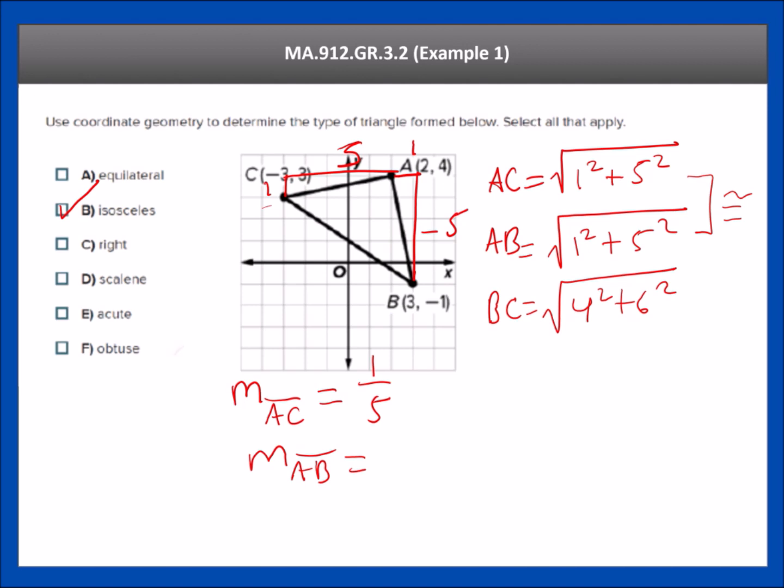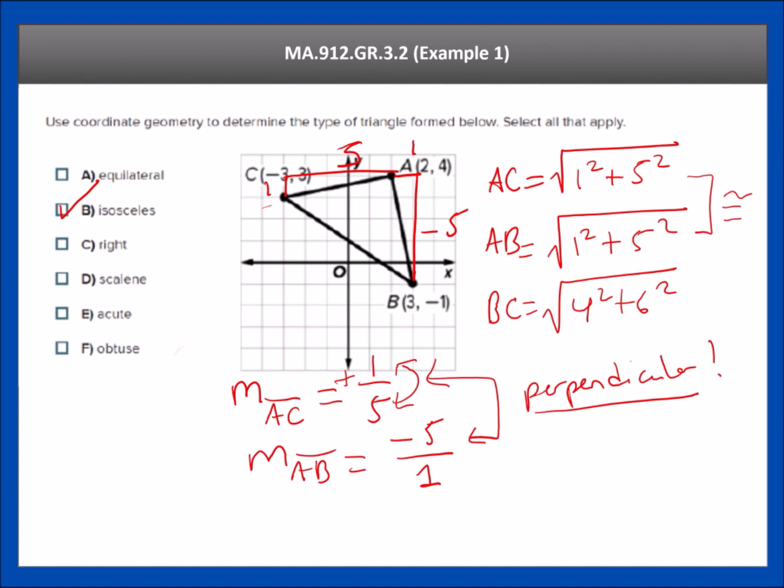It's rise over run, so the -5 goes first, and then the run is 1. These are definitely perpendicular because they're negative reciprocals. If I flip this and change the sign from positive to negative, I get the slope for AB. So these are perpendicular, which means this is a right angle, which means this is a right triangle. And if it's a right triangle, it cannot be acute or obtuse. So the only choices are B and C.